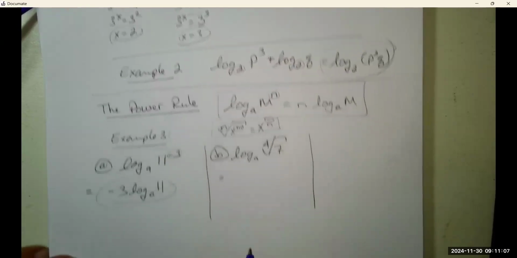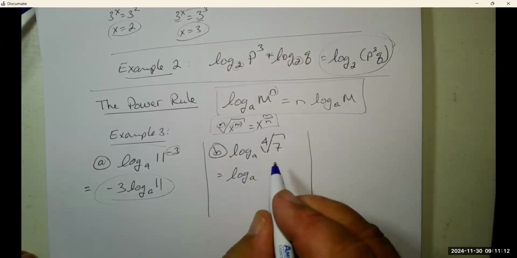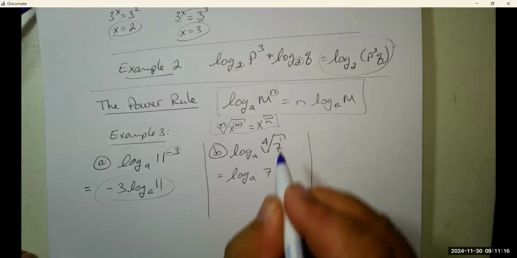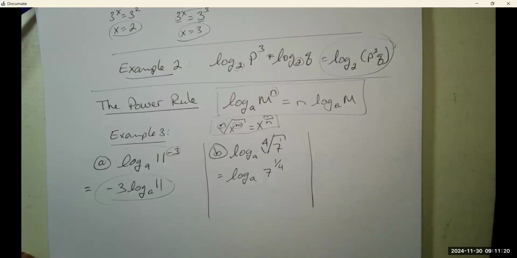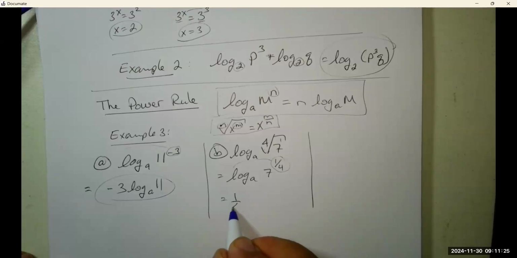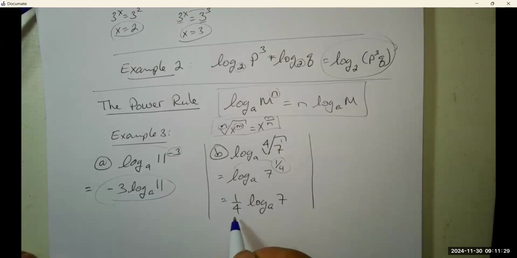So the first step we have to do is convert it to an exponent. The power of 7 inside here is 1, so it's 1 divided by 4. That's an exponent, so it comes in front: 1/4 log base a of 7.